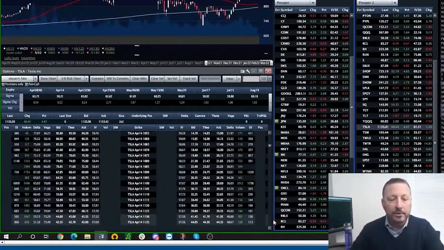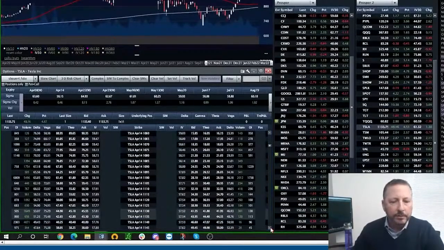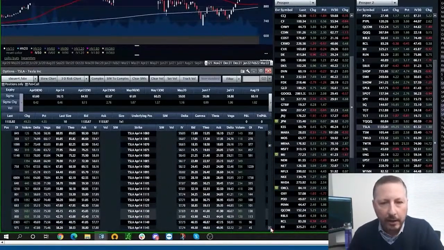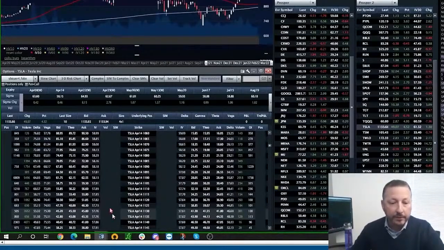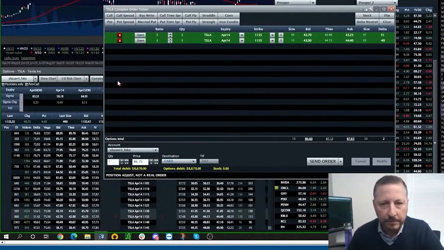So we look at the at-the-money straddle for April 14th. If we look at the 1135 call and put option here, we come up with roughly $87. That tells us the market is currently pricing in a Tesla move to this expiration of plus or minus $87.